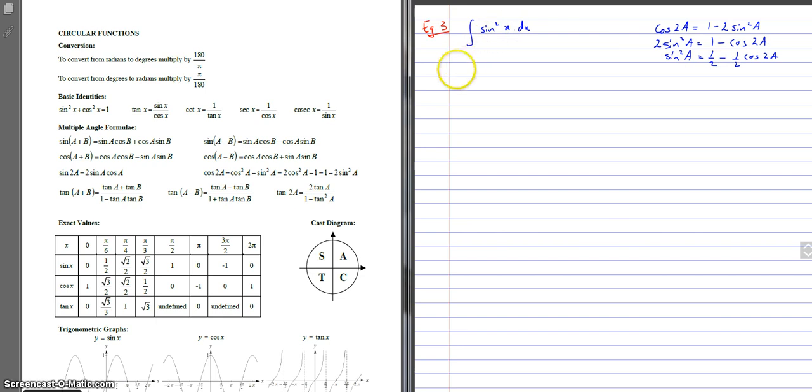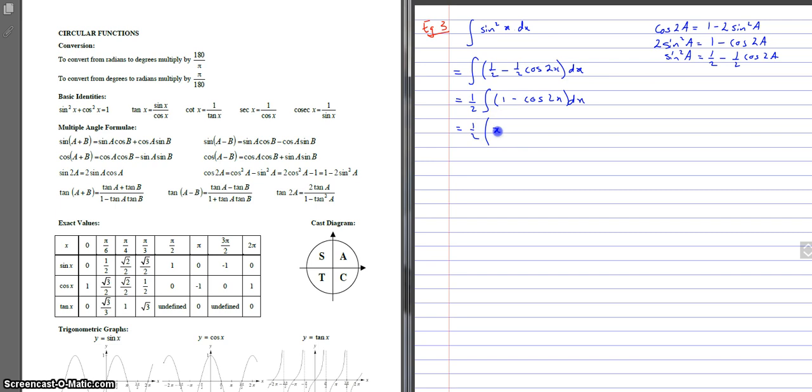So sine squared x we can write as 1/2 minus 1/2 cos 2x dx. Now, we probably don't want these halves here, and so we can easily take that out to the front. So we'll have 1/2 out the front, and then it's 1 minus cos 2x. And then we can integrate these separate functions nicely.